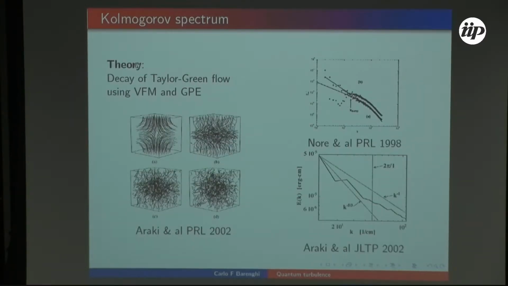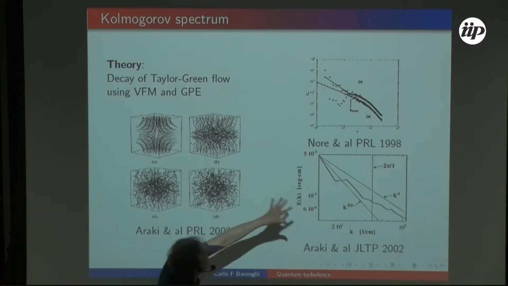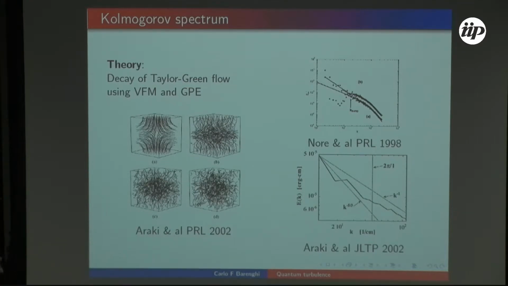Now, of course, there have been theories, and mainly numerical calculations, of this problem, starting from this paper, which was actually the first, a study done more or less at the same time as the first counterflow experiment.